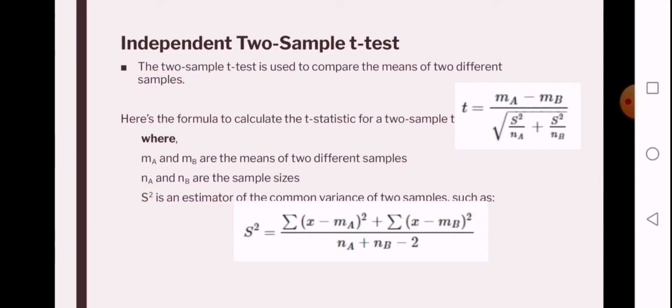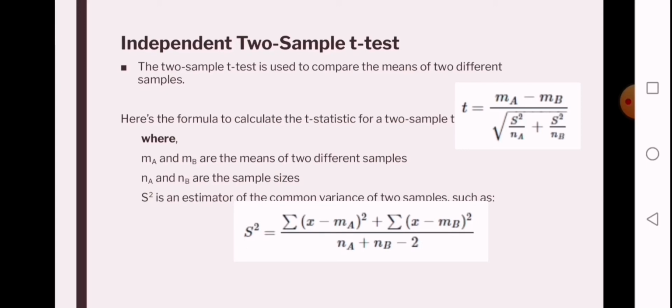So the formula to calculate the t statistic for a two sample t-test is t is equal to Ma minus Mb over the square root of S2 over Na plus S2 over Nb, where Ma and Mb are the means of two different samples, and Na and Nb are the sample sizes, and S2 is an estimator of the common variance of the two samples, such that S squared is equal to summation of (x minus Ma) squared plus summation of (x minus Mb) squared over Na plus Nb minus 2.